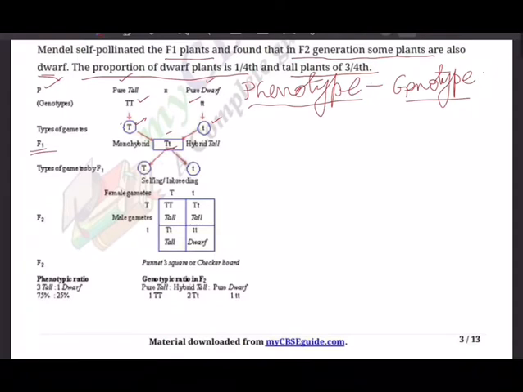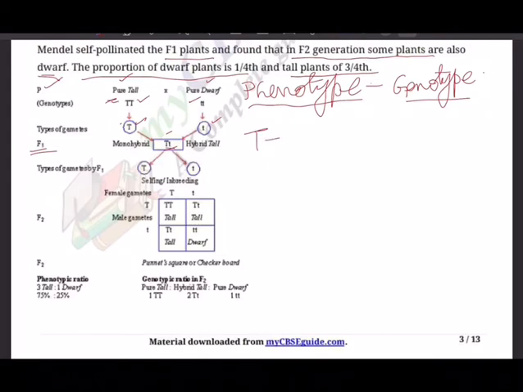And the presence of capital T made this F1 generation become tall, like one of the parents, the pure tall parent. And this we refer to as law of dominance. And here we are using two words, dominant gene and recessive gene. So here capital T is making this F1 plant as tall as the tall parent.